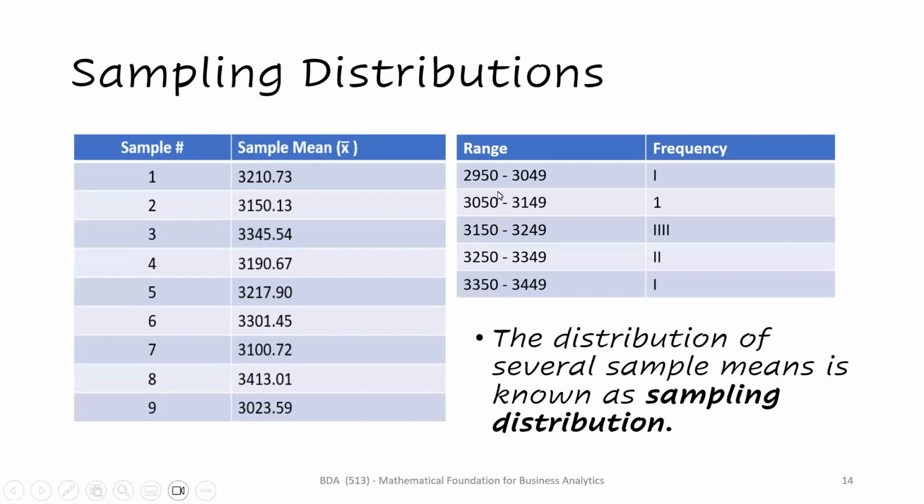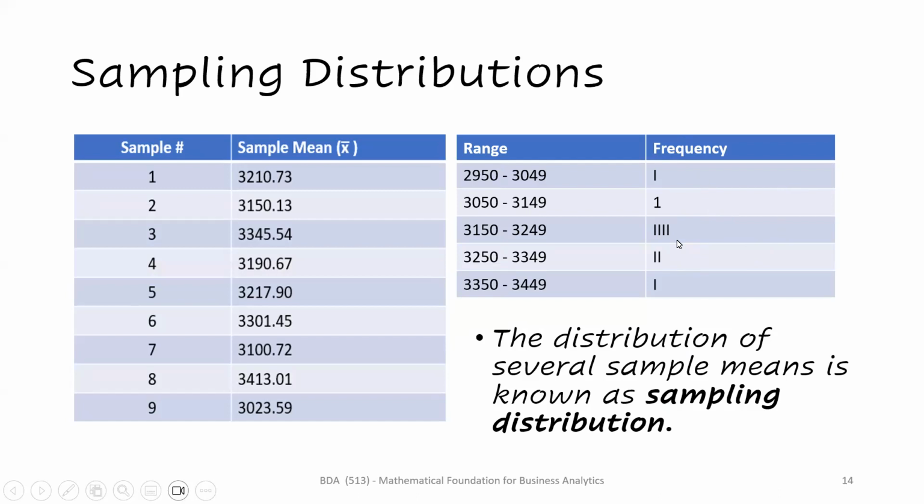If we want to plot this, we can have, let's say, ranges for the means, and then we determine the frequency of these ranges and see the number of items that fall into a particular range.